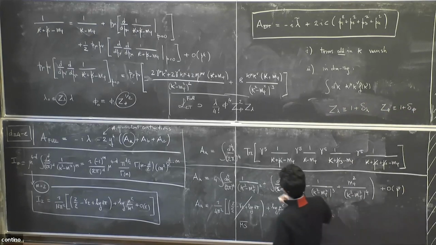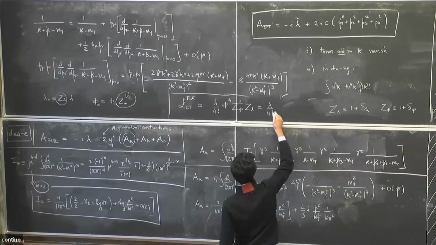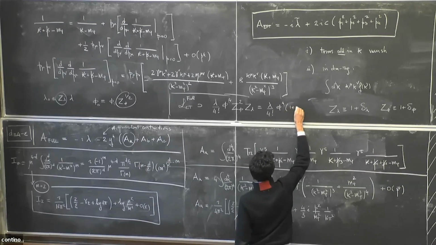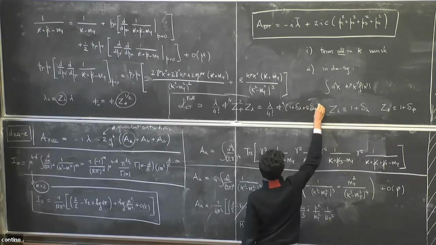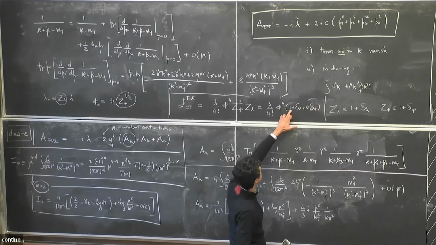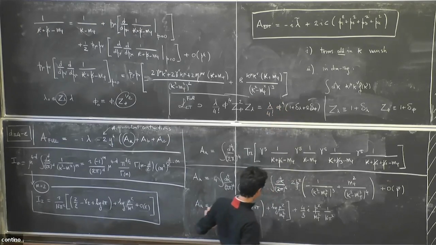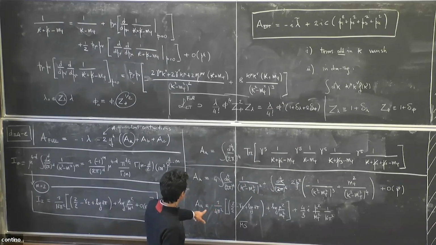Then this term becomes lambda over 4 factorial, phi to the 4th, times 1 plus delta lambda plus 2 delta phi. So the first term, the one in the parentheses, is already written, and it gives me this result.